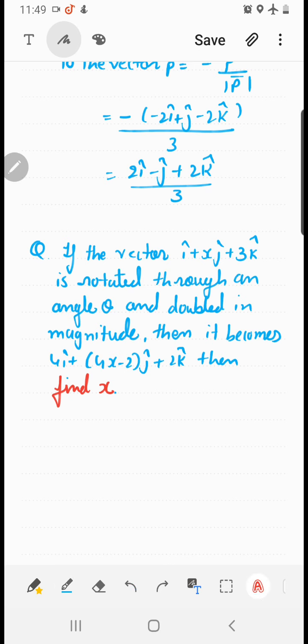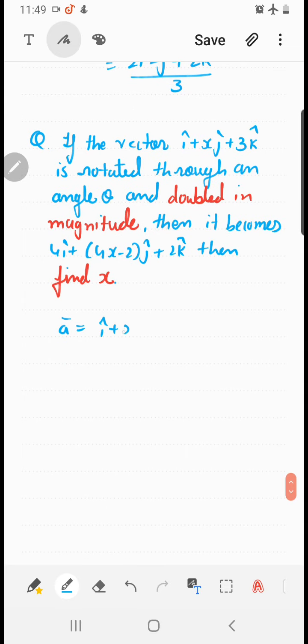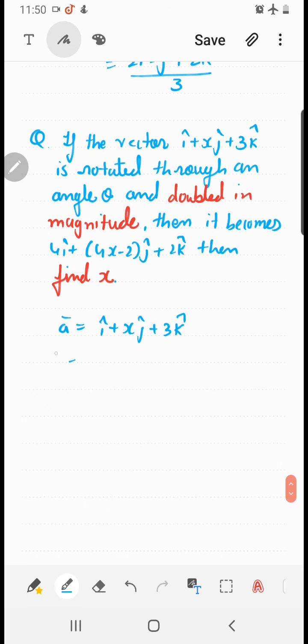Now let's search, is there anything else given in the sum? So yes, they have said doubled in magnitude. Okay, so the magnitude is doubled. So what is given in the sum? Let's name the vectors as a bar and b bar. So a bar is i cap plus x j cap plus 3k cap. Your b bar is 4i cap plus (4x minus 2) j cap plus 2k cap.